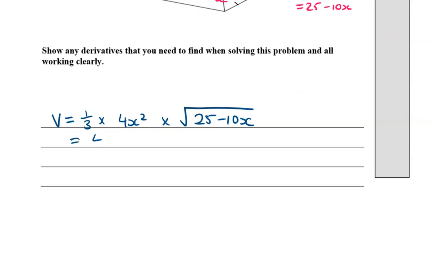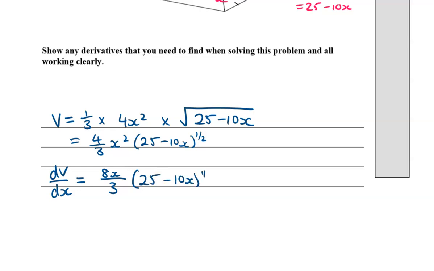Okay, so we've got 4 over 3 x squared times 25 minus 10x to the half. We need to differentiate that, because if we do that, we can set it equal to 0 to try and find the maximum. This is going to take using the product rule. So if I differentiate the first part, we get 8x over 3 times the original second part.